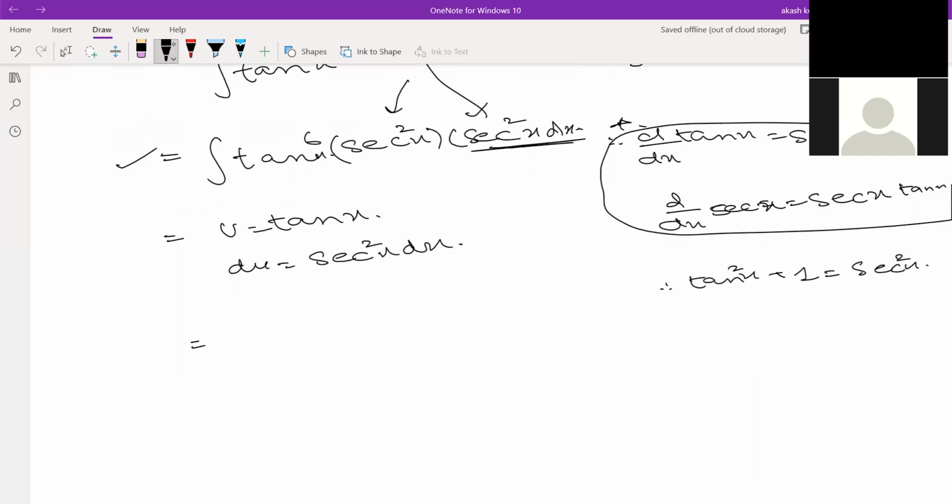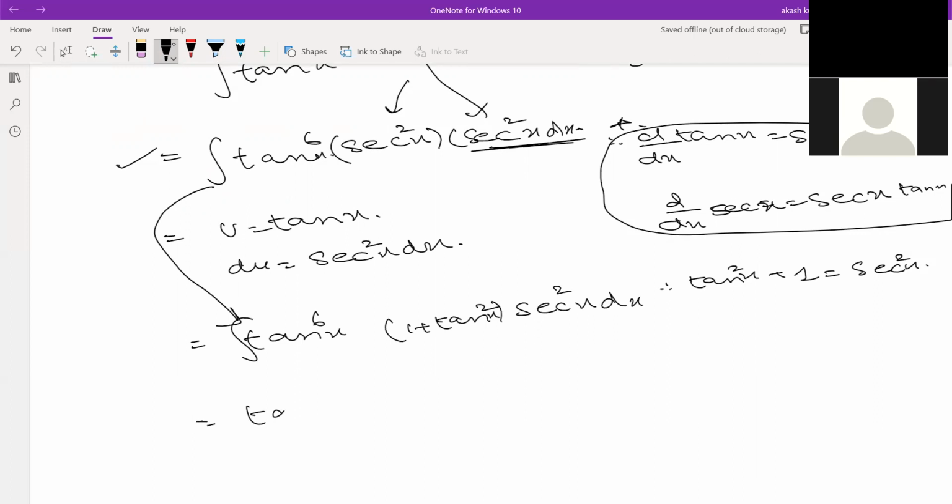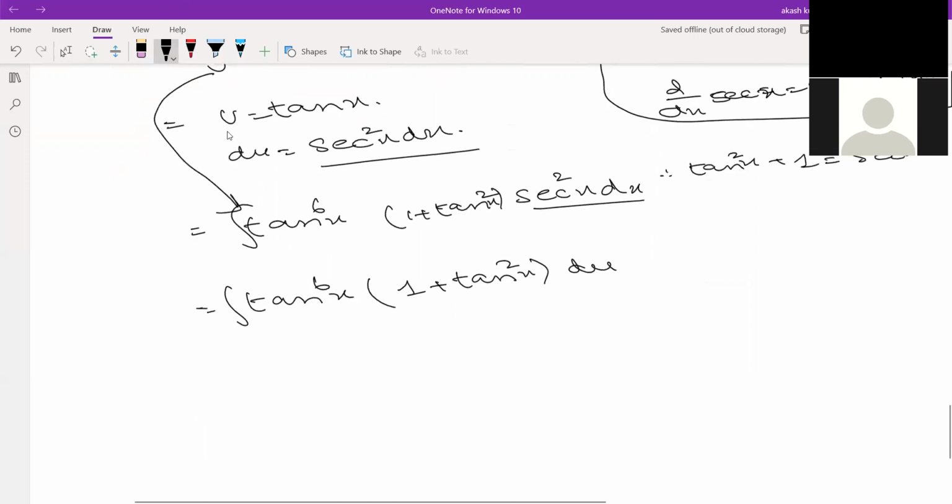So instead of this, I have to write tan 6x, and sec squared x will be equal to 1 plus tan squared x, and sec squared x as it is dx. So tan 6x, times 1 plus tan squared x as it is, and sec squared x dx is equal to du, and my tan x is equal to u.